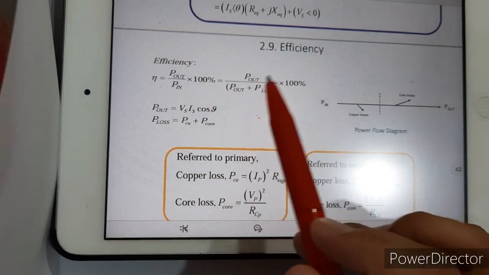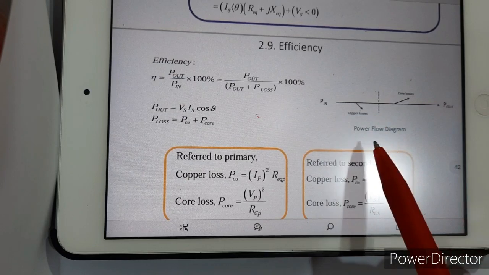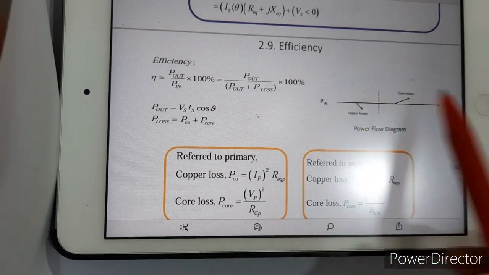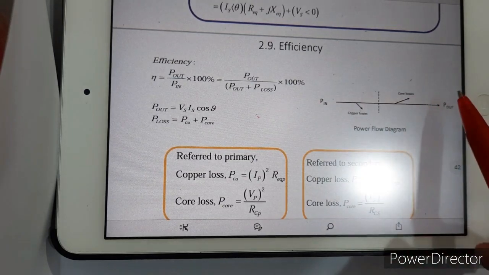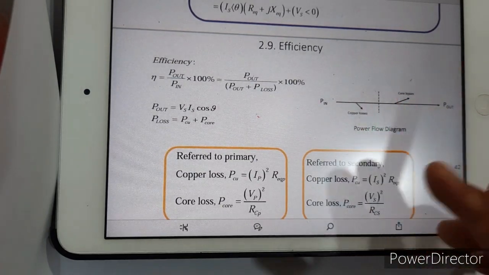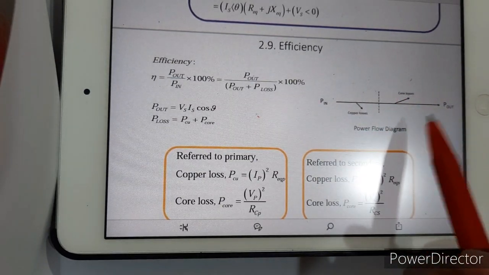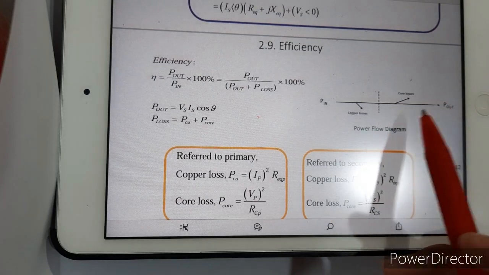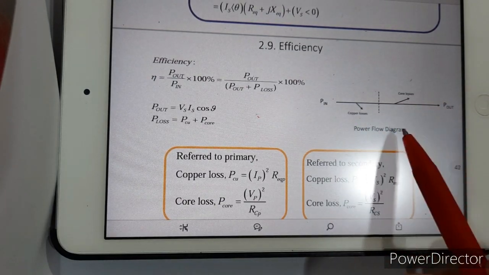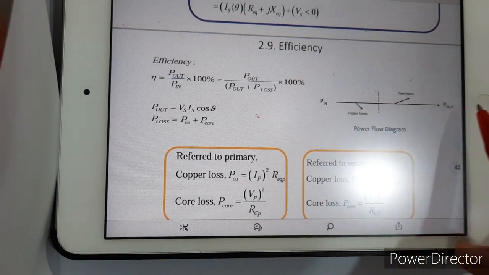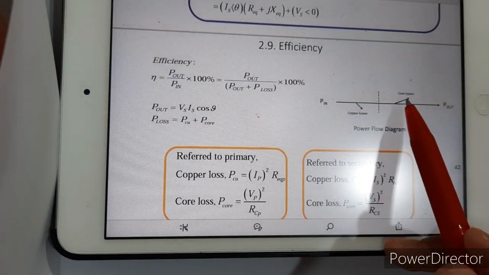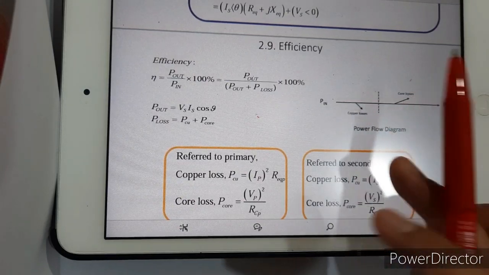Refer to the power flow diagram: this is P in, this is P out. To determine P in, it is P out plus P loss, because we can calculate P losses. That's why we determine P in by P out plus P losses.